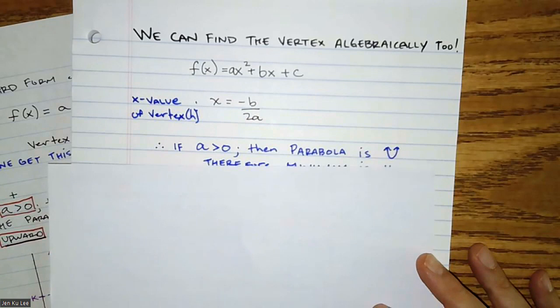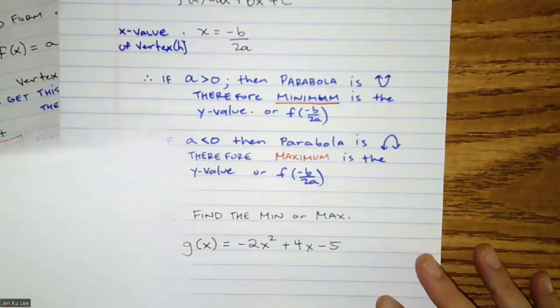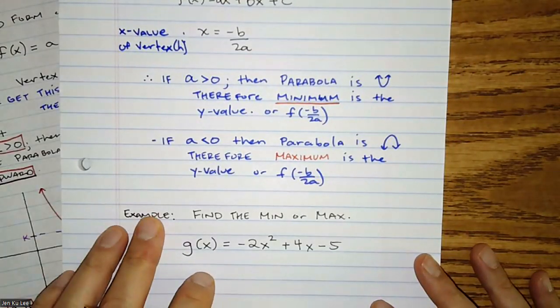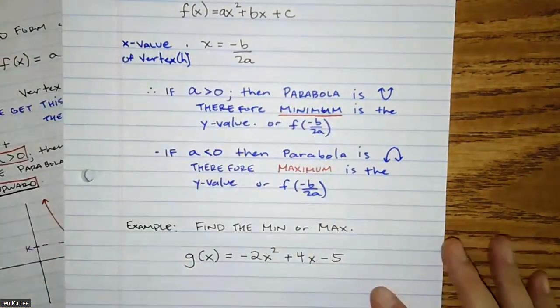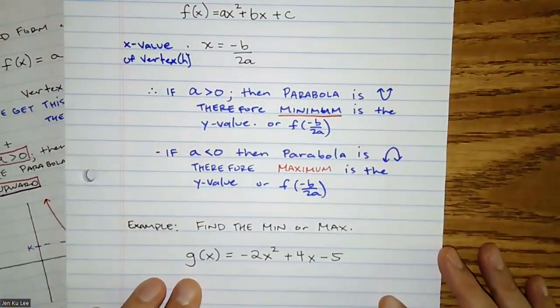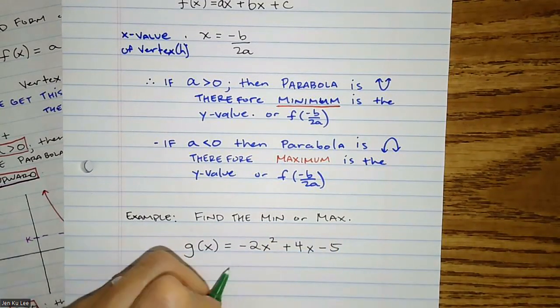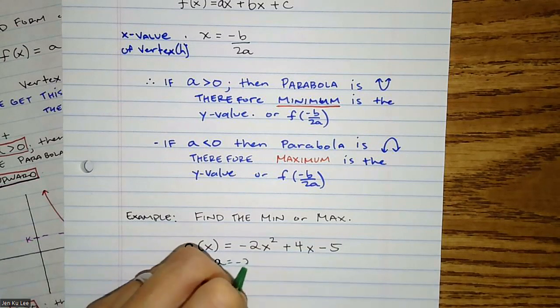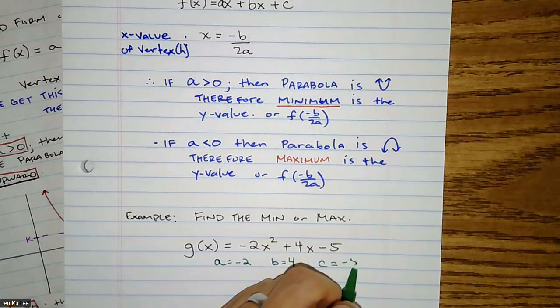I also have some notes on the max and the minimum, and it's always going to be based off of that vertex. For example, if you are asked to find the max or min of this, my A value here is -2, my B value here is 4, my C value here is -5.